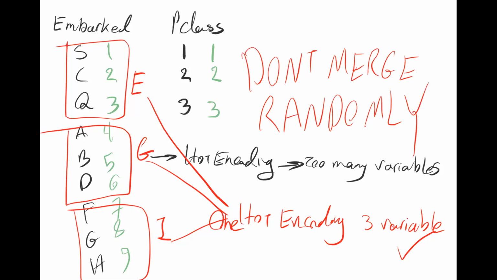Don't do that. If it makes sense, for example, based on location, you can merge them. That's totally fine. We don't have that much time for now, but I just skimmed through the next codes, because I tried one hot encoding and label encoding, and I want to look at the performance.